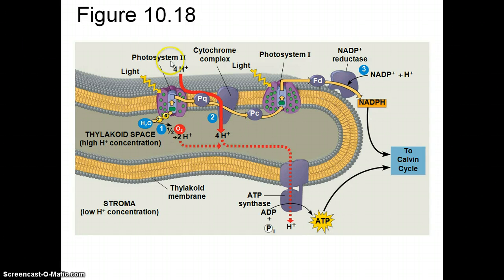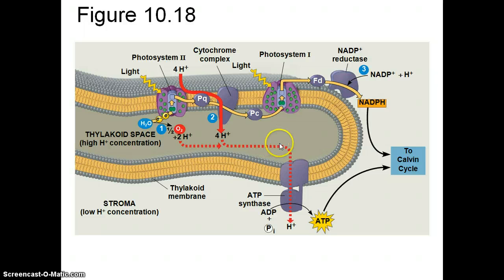So we have hydrogen protons entering through the cascading and falling down of the electrons as they pass down the chain. That energy is actually driving protons into this thylakoid space. And then we have the protons that are being produced by the splitting of water. So we end up with a gradient, a high concentration of hydrogen protons within the thylakoid space.